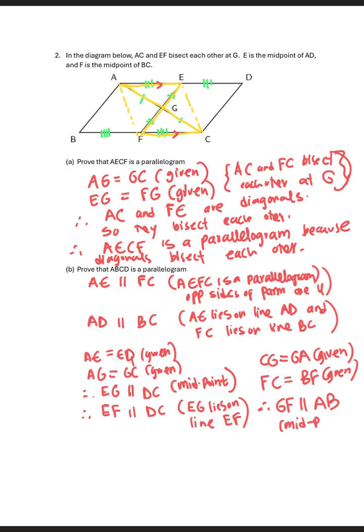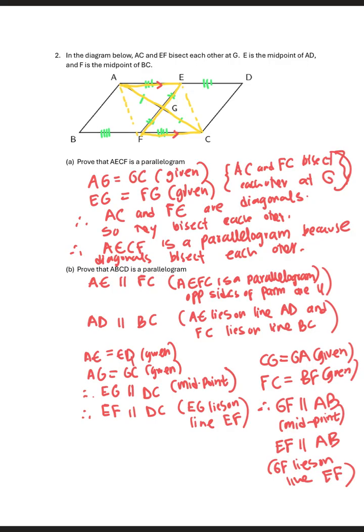Midpoint theorem. But again, I claim that EF is parallel to AB. Reason? Because GF lies on line EF.